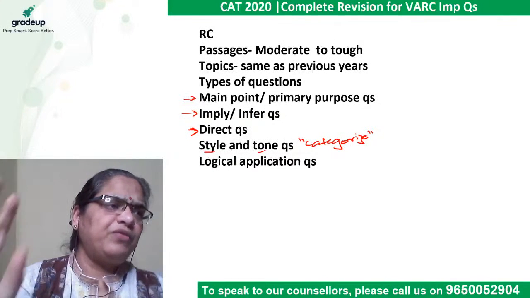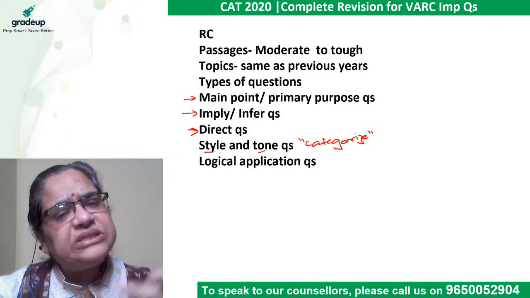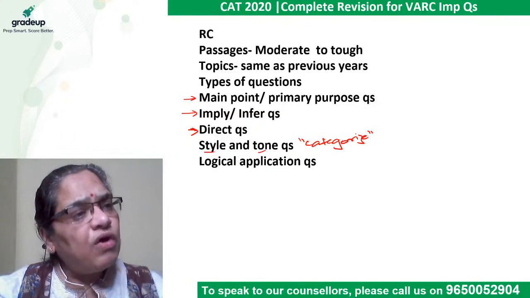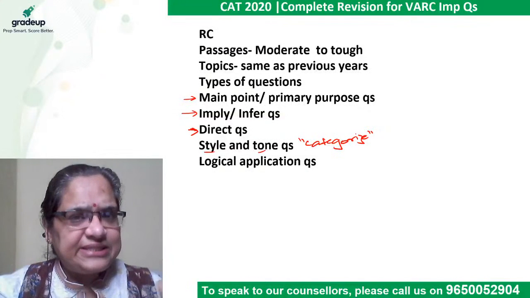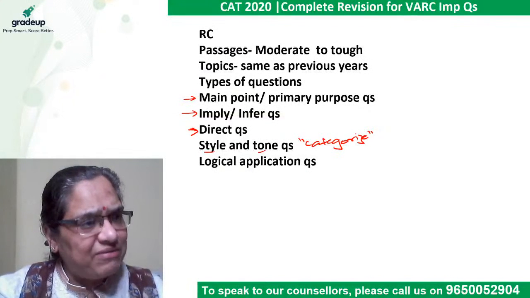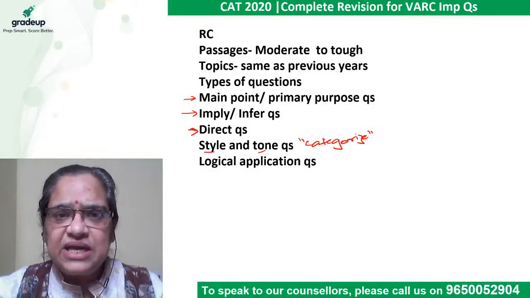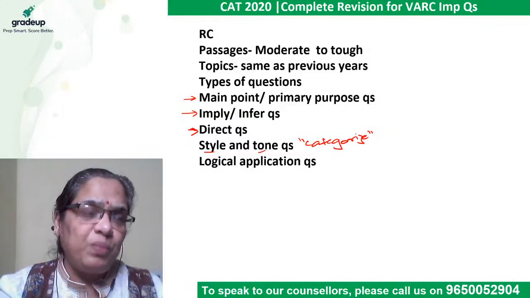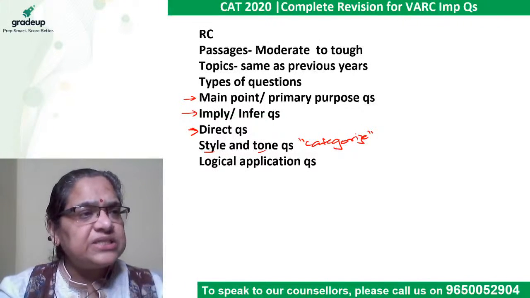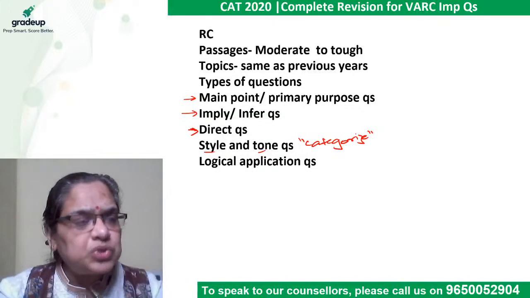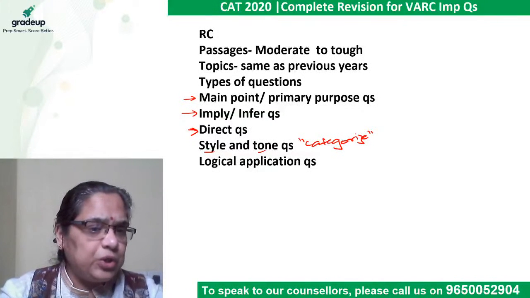These are words you need to know because they are asked so often. So at least 10 to 15 tone words that have been asked in the last few years and in the last few mocks of Gradeup. If you just know those words, then you can answer any tone question.